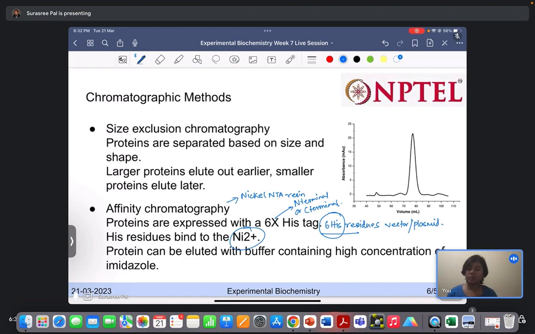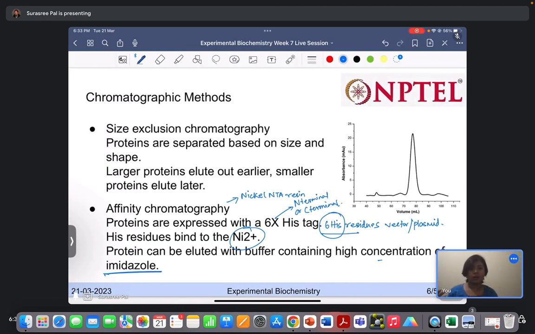Now how can the protein be eluted out? By using a buffer containing high concentration of imidazole. So imidazole is a compound which is very similar in structure to the histidine amino acid, because the histidine also contains this imidazole ring. Now imidazole acts as a competitor with the protein molecule which contains this histidine residues.